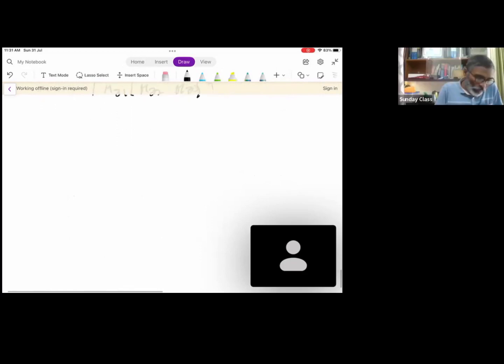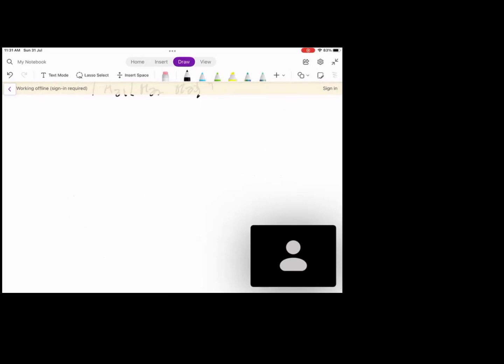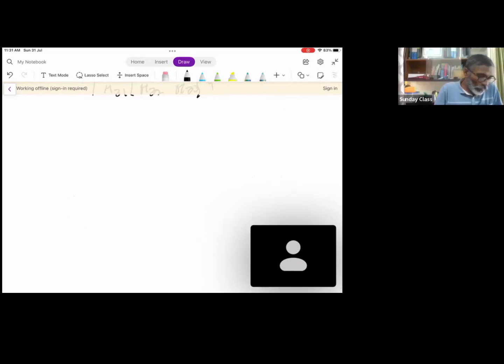Okay, so now I think it's 11:30. Ritish, Professor Kapoor has joined.